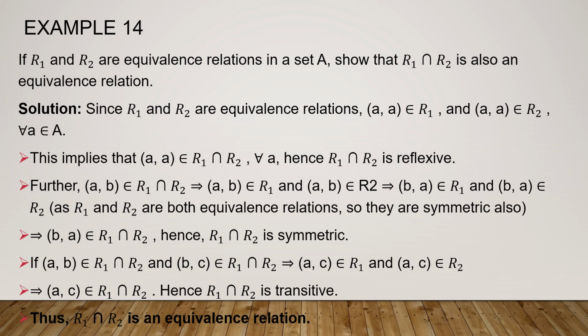So now (b, a) will belong to R1 intersection R2, so R1 intersection R2 is symmetric. Similarly, let (a, b), (b, c) belong to R1 intersection R2. This will imply (a, c) will belong to R1 and also (a, c) will belong to R2 because again individually R1 and R2 are equivalence, means they are also transitive. So the ordered pair (a, c) will belong to R1 intersection R2, hence it is transitive. So we have shown that R1 intersection R2 is an equivalence relation.